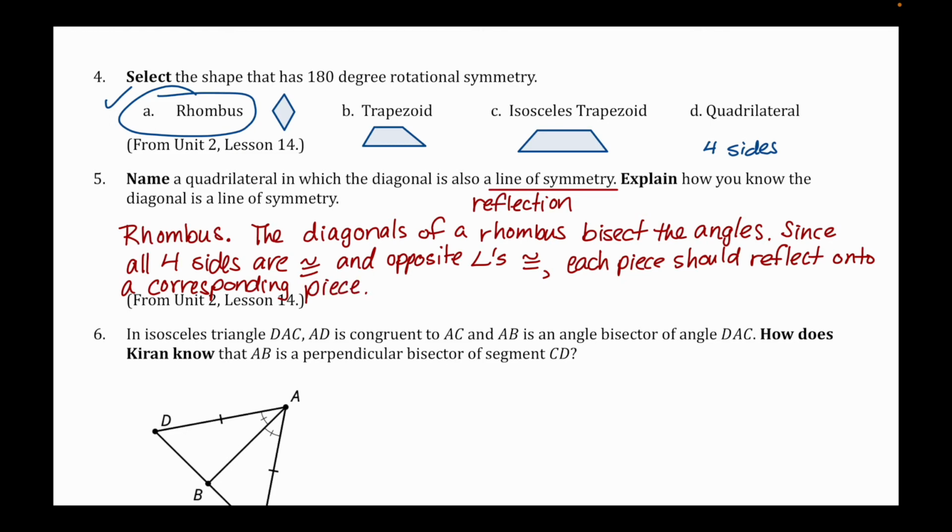So the important part here is we did need the shapes to have congruent sides, but also to have bisected angles, and to have those opposite angles congruent. So really a rhombus is the only one that works for this.